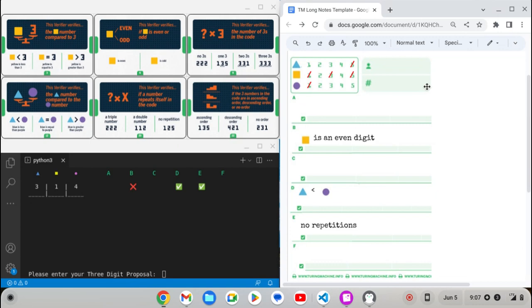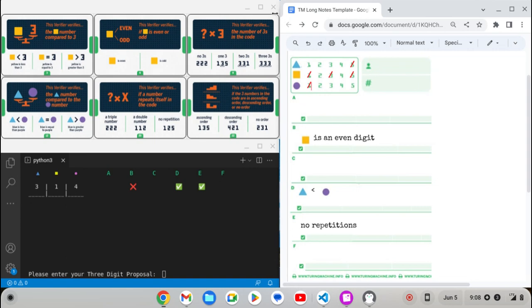So let's get the square kind of settled. What do we want to look for? So it could be that, let's see, how can we determine what triangle and circle might be as far as odds and evens? Because I mean, it's pretty wide open.